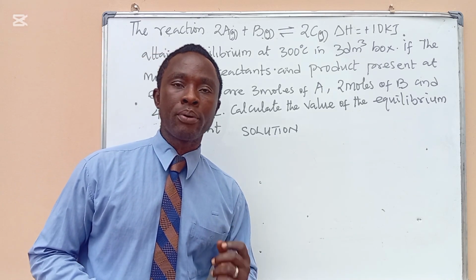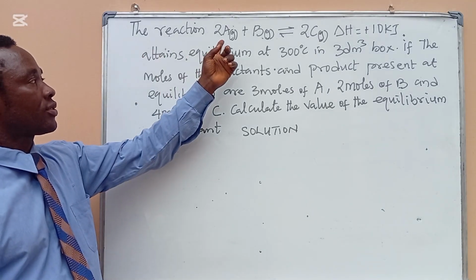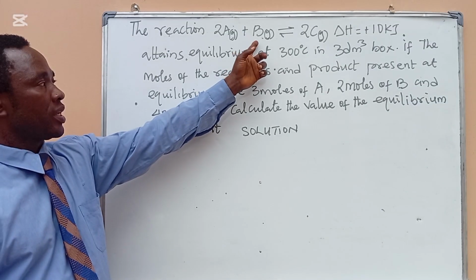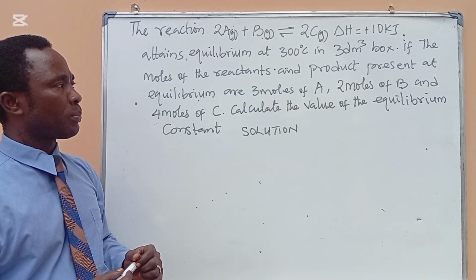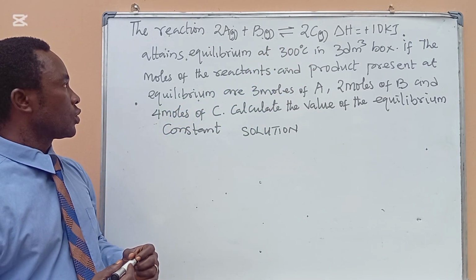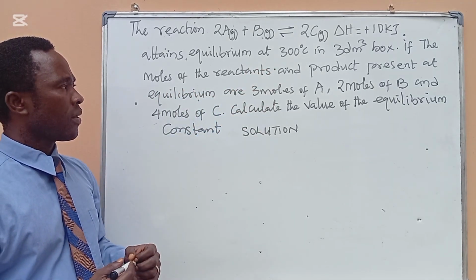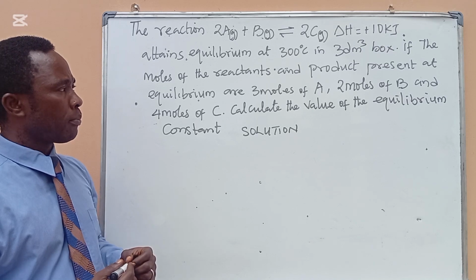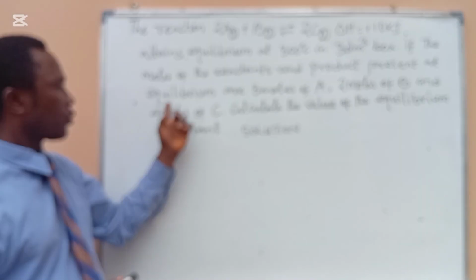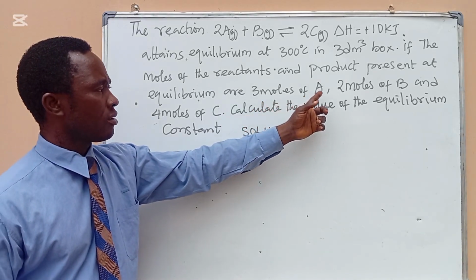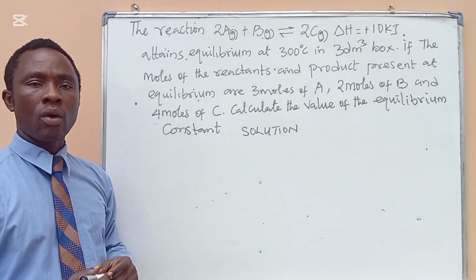Now, if we look at the board, you see a question that says the reaction 2A gas plus B gas to give 2C gas, the change in enthalpy is plus 10 kilojoules, attains equilibrium at 300 degrees Celsius in a 3 dm cube box. If the moles of the reactant and the product present at equilibrium are 3 moles of A, 2 moles of B, and 4 moles of C, calculate the value of the equilibrium constant.